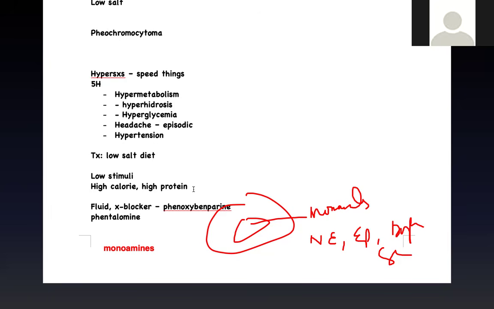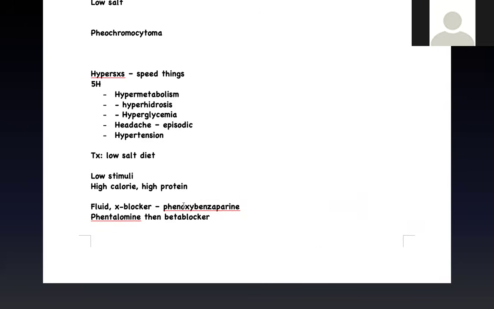These are the medications you will use before you do any surgery. Then beta blocker. You don't give them a beta blocker until you have given them an alpha blocker in addition to fluid, before you do anything with these patients. You cannot do surgery unless you've done all the things that I've told you.